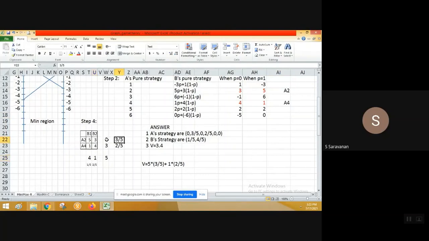So 5 is the total parts available. To make this 3 into 5, you are missing 2 by 5 of the part. Similarly, to make this 4 into 5, the missing part is 1 by 5. To make this 1 into 5, the missing part is 4 by 5.